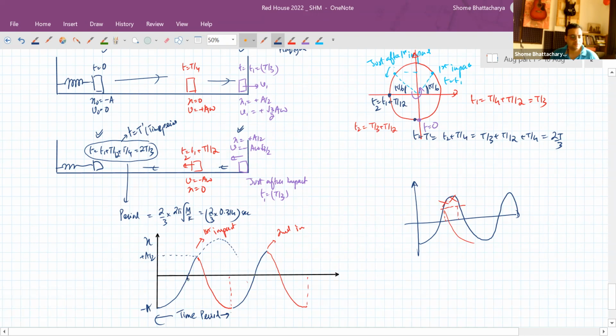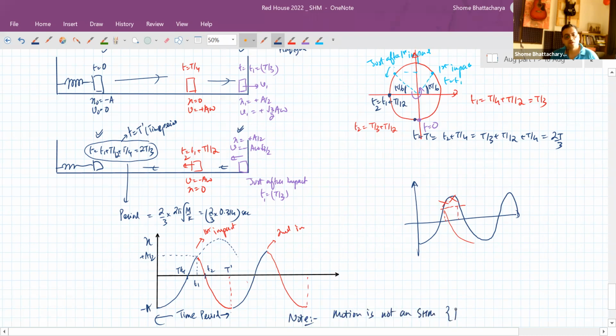So in my diagram, this was T by 4. Then this is when the first impact happened. Then this is where it is back to mean position from the first impact. And this is t prime. Okay. So the motion is not an SHM.